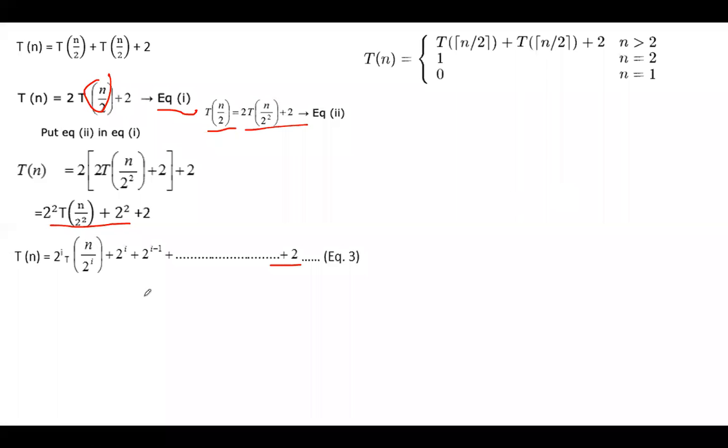So we have to find out up to where this recursion will stop, at what condition. Finally, we have to find out where recursion has to stop. n divided by 2^i should be equal to what? Then recursion will stop.